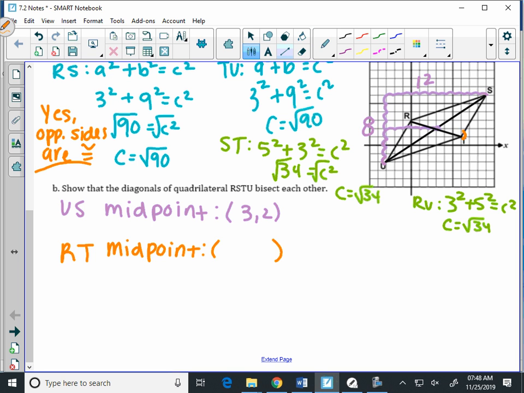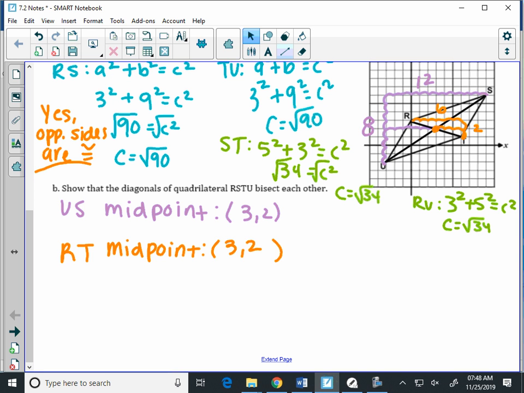How far up do we go? 2. And then how far left do we go? 6. Cut those in half. So which direction are we going to go now to find the midpoint? Up 1, left 3. And do they share the same midpoint? Yeah, they both landed on 3, 2.